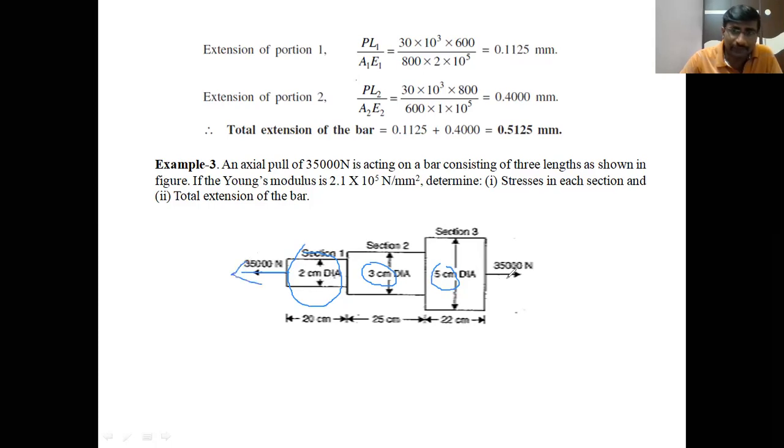The 35,000 newtons is applied on both sides. This is the tensile load. How is it called tensile? The tensile is the pulling load which tends to increase the length of the member. So this is called the tensile load, 35,000 newtons. The three sections have different lengths: 20 centimeters for the first section, 25 centimeters for the second section, and 22 centimeters for the third section. So we have to focus on the stress in each section and the total extension of the bar. Clear?